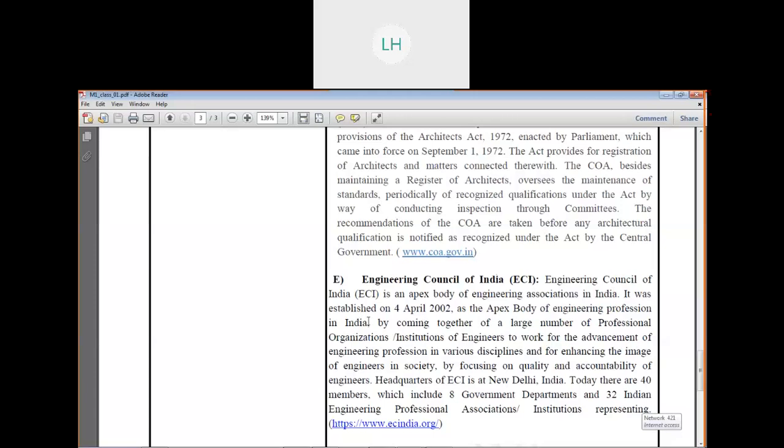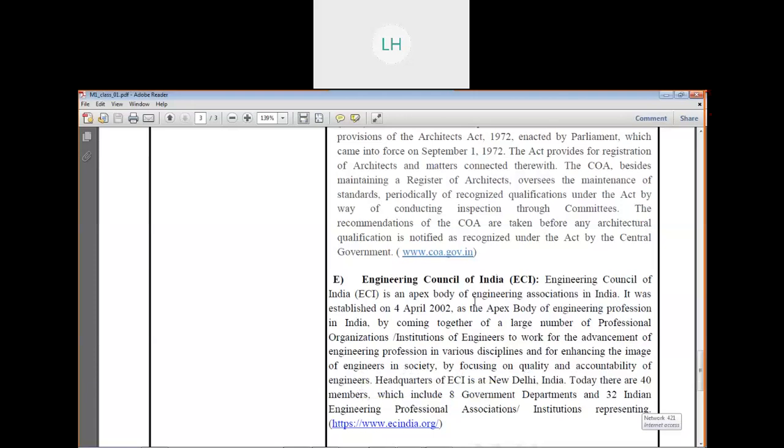It was established on 4th April 2002 as an apex body of the engineering profession in India, by bringing together a large number of professional organizations or institutions of engineers to work for the advancement of the engineering profession in various disciplines, and for enhancing the image of engineers in society by focusing on quality and accountability of engineers.